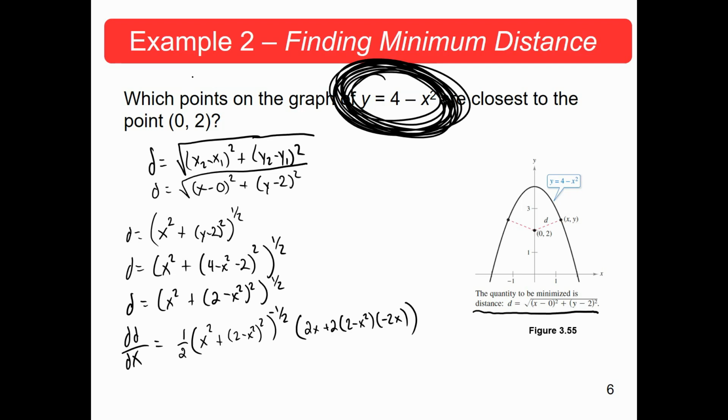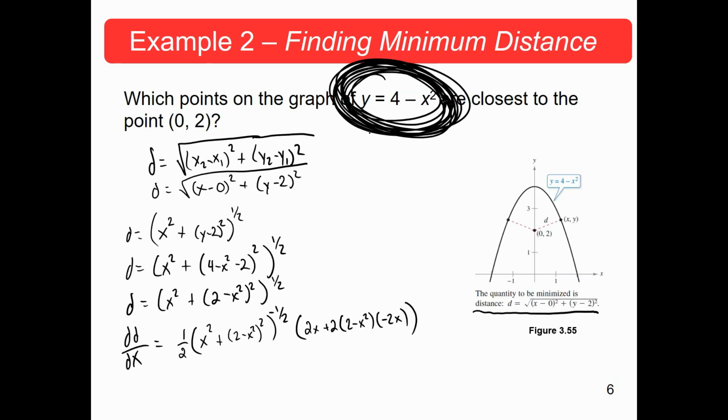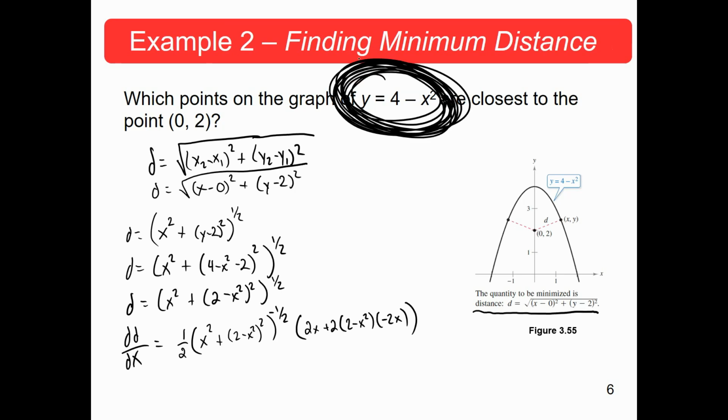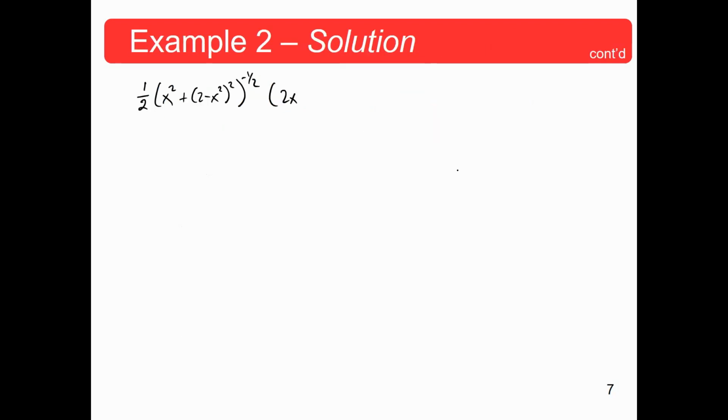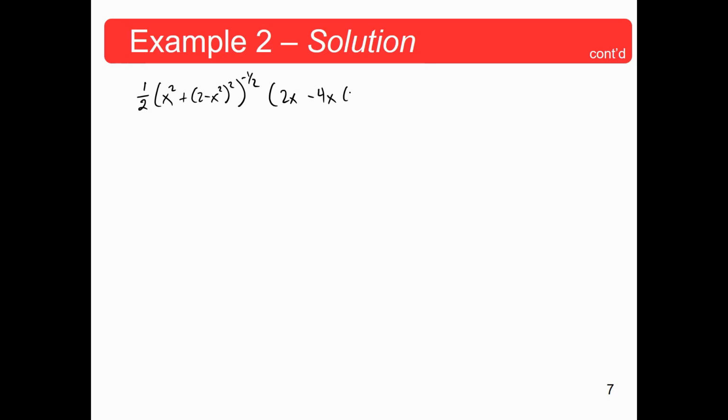So we've got 1/2 times (x squared plus (2 minus x squared) squared) to the negative 1/2 times 2x. Let's go ahead and say, well, this is 2 times 2 times x, so that's negative 4x times (2 minus x squared).